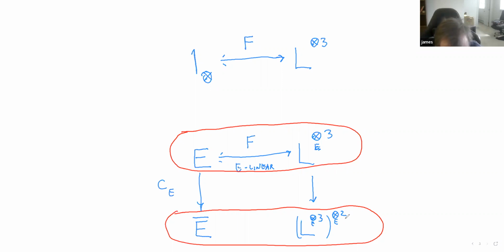And am I saying this right? Let's see. Is this going to work? How's this going to work? Let's see.